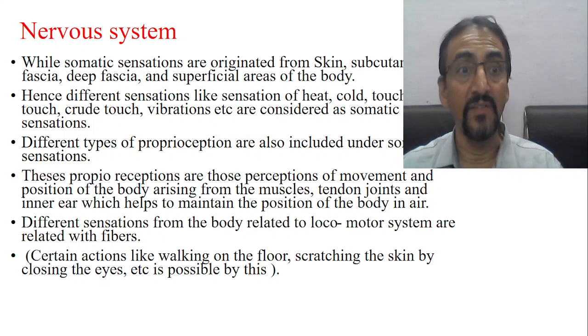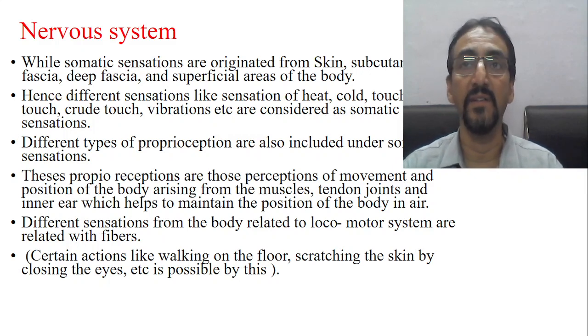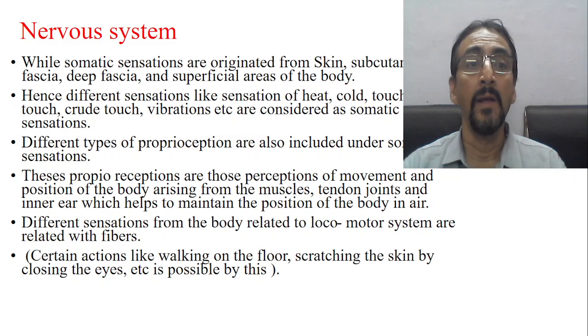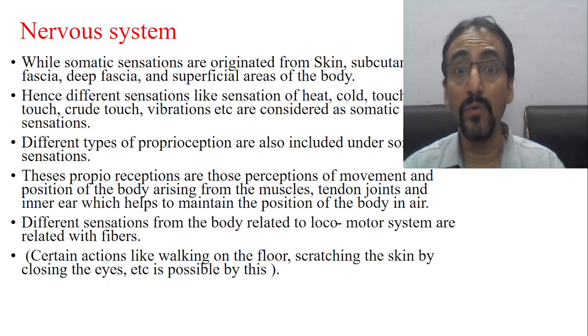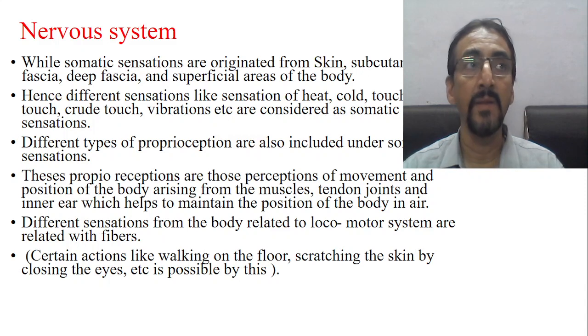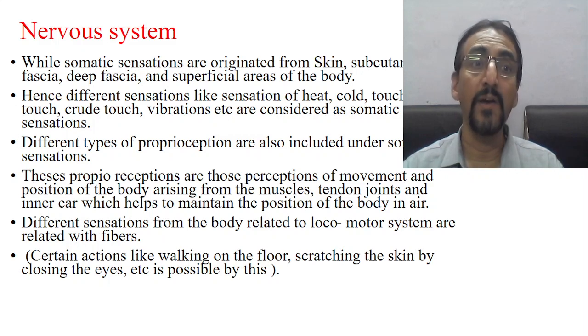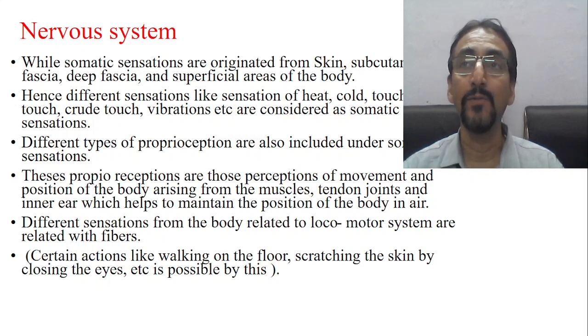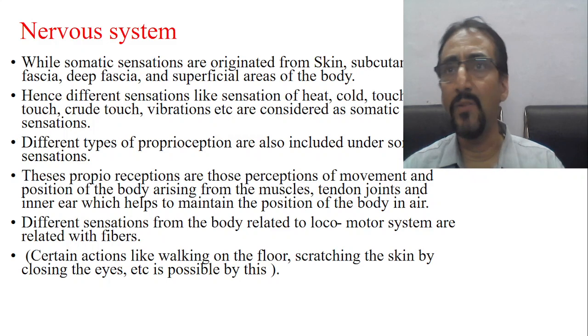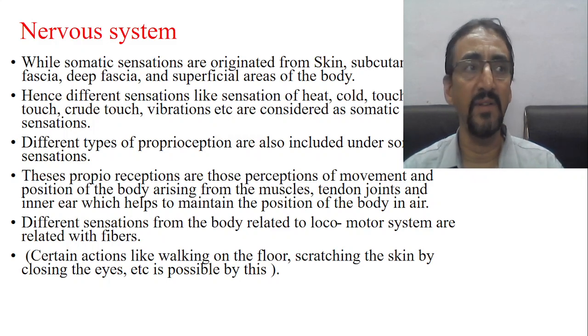Now somatic sensation. What do you mean by somatic sensation? This is very important. The sensations which are produced from the skin, subcutaneous fascia, deep fascia and superficial areas of the body are all included under somatic sensation. Now there is one difference between contemporary science and Ayurveda.